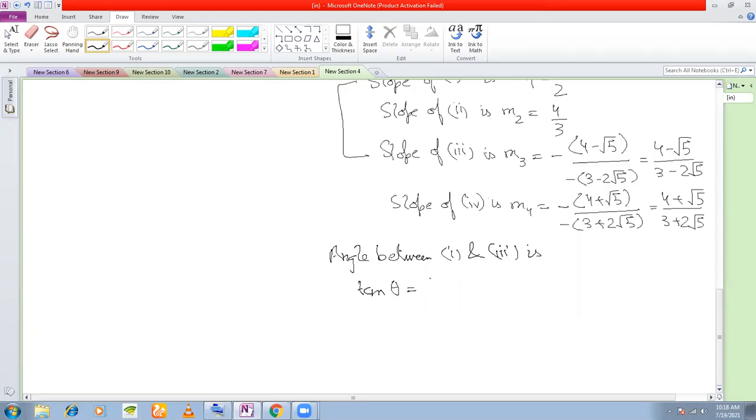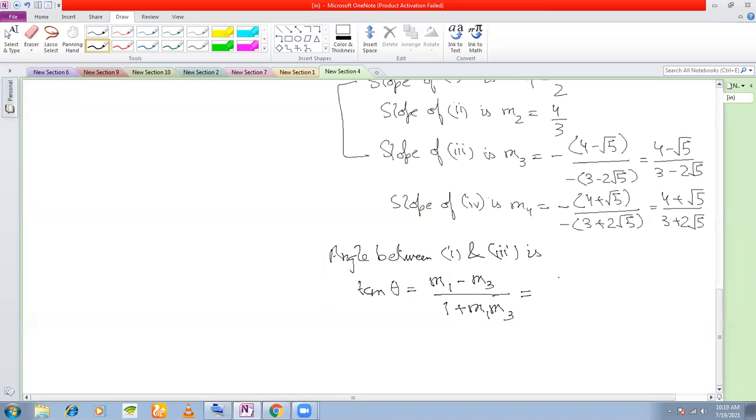What was the formula? m1 minus m3 divided by 1 plus m1 m3. Okay, we consider only the acute angle. That is why I'm not writing the plus or minus sign. Okay, we only want the acute angle for the time being.